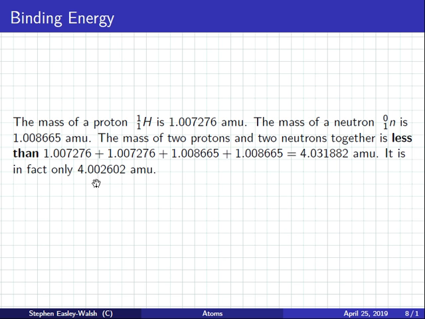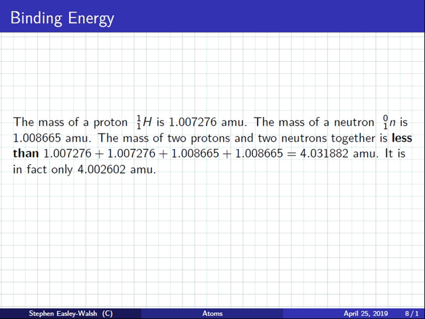So, think about this. You have 2 protons, 2 neutrons. You stick the 2 protons and the 2 neutrons together. The mass should be this. But it's not. Instead, it's this. So, that's very strange, isn't it? It's like if I took this, maybe this is 1 kilogram, and this is 1 kilogram. 2 kilograms. I should have 2 kilograms, but instead I have 1.99.